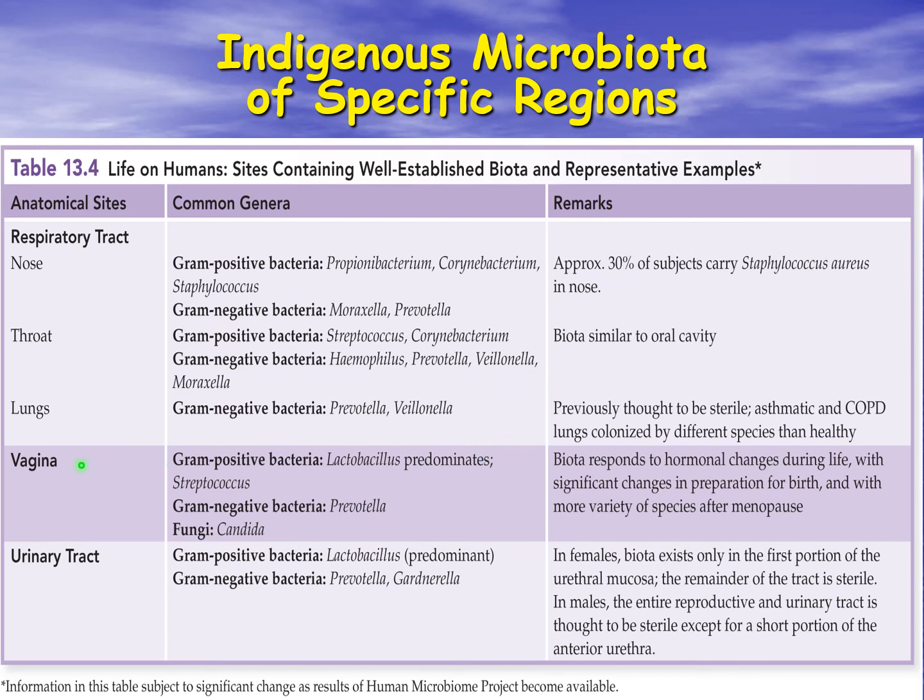The vaginal canal oftentimes will have lactobacillus as a predominant component. It will also usually have some candida, and that's why a lot of times broad spectrum antibiotics will kill off the lactobacillus and cause the candida to overgrow. Lactobacillus is also a predominant organism in the urinary tract.